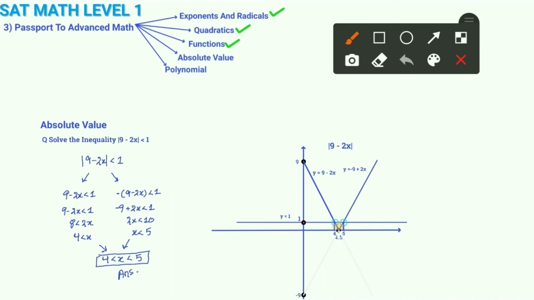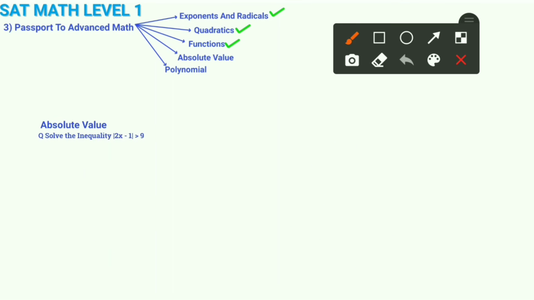There's nothing to describe here because I'm already showing you this animation. Solve the inequality. You could just do it like this as well. Same thing.